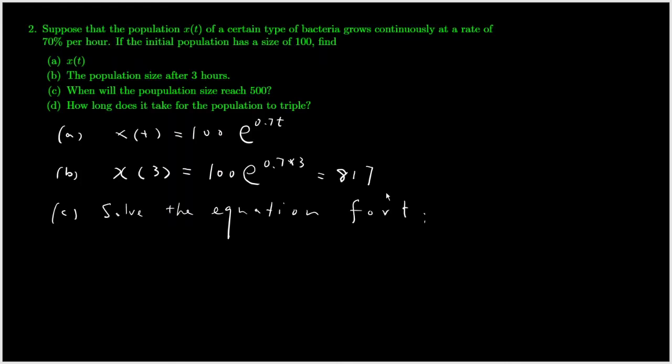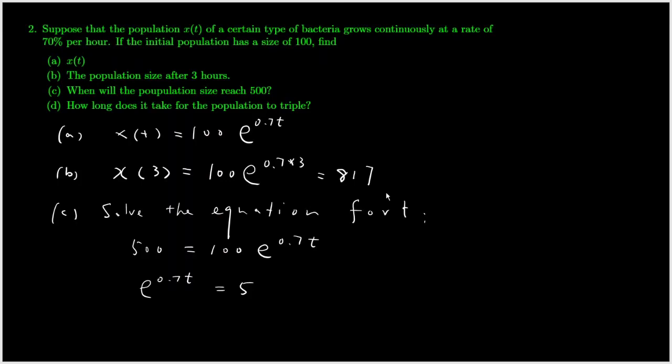We want the population size to be 500. The population size at any time, according to question A, is given by 100 times e to the power of 0.7t, right? We divide both sides of the equation by 100. So we have e to the power of 0.7t equals 5.